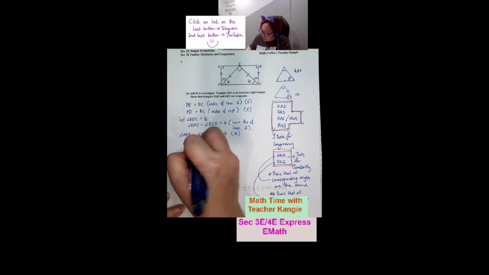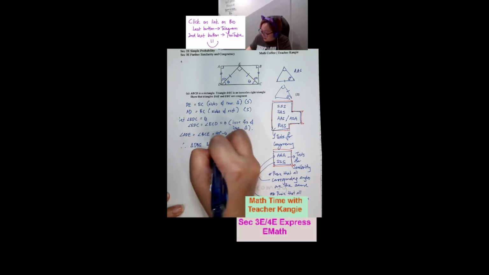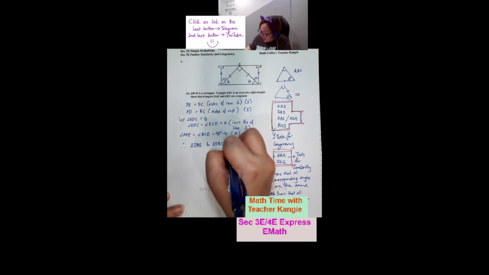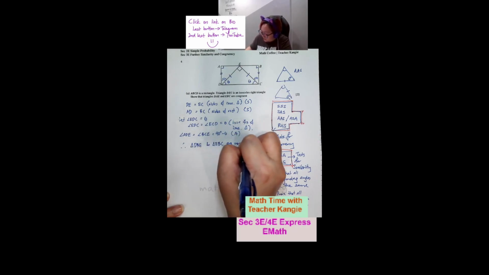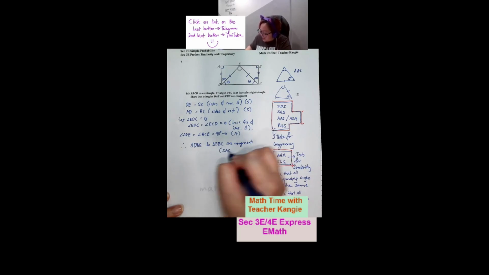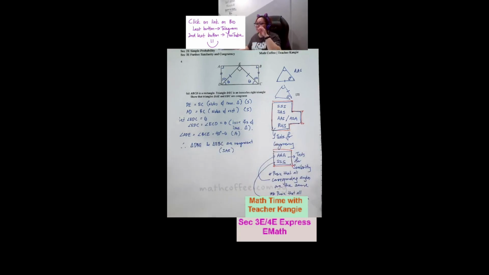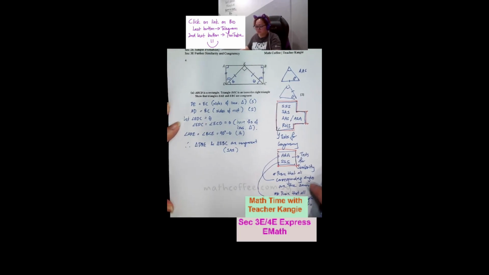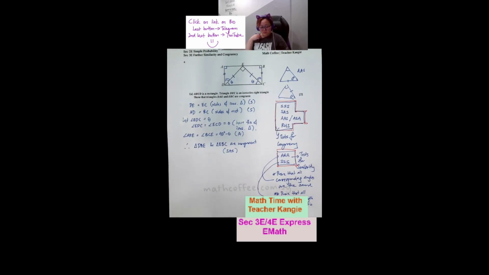Therefore, triangle DAE and triangle EBC are congruent. Then you have to state that this is SAS. Okay, so this is how you prove.